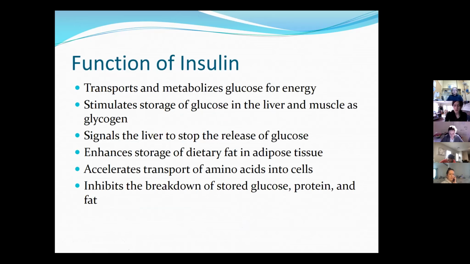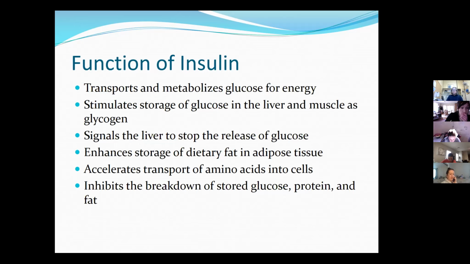I think many people think of insulin very simply as, insulin allows the cells to utilize glucose. And that is true. But insulin is involved with both transport and metabolizing glucose for energy. It allows the cell to metabolize glucose for energy.